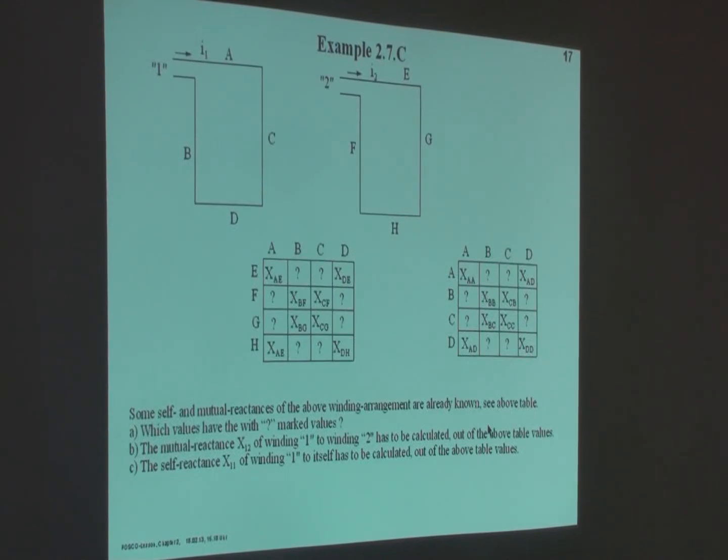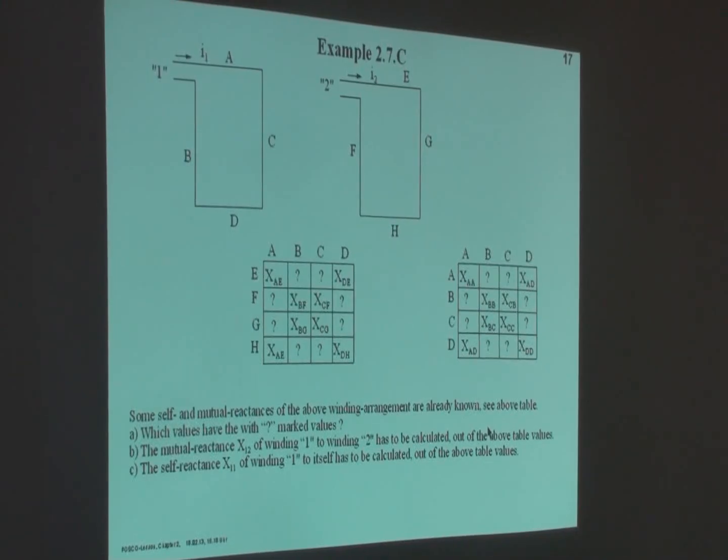In the last example, we have calculated self and mutual reactance for this one, or this one. Now we have a complete loop. This is the first we have complete loop.